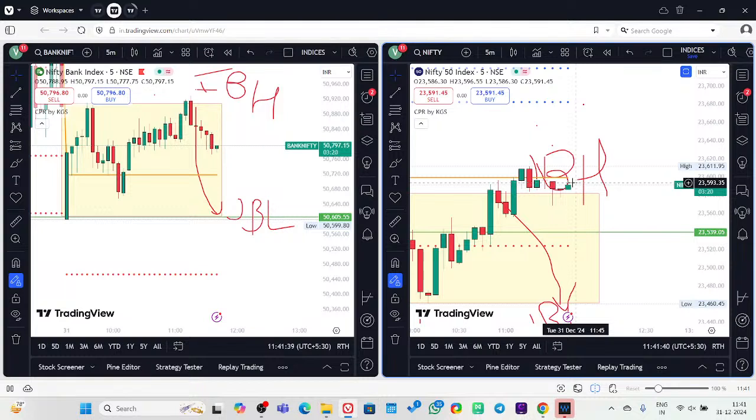So if you trade with one or two strategies that suit your personality in terms of risk appetite, in terms of profit, in terms of backtesting data, then you can predict some form of profitability.